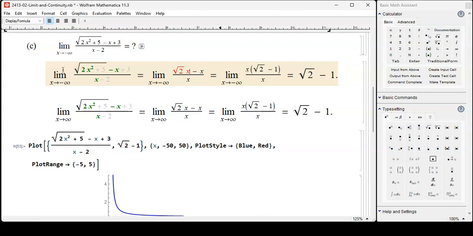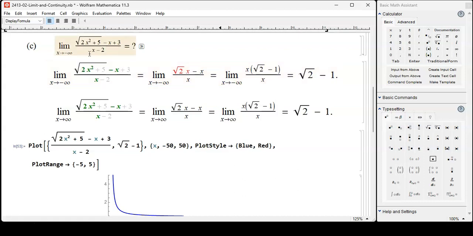Why is that wrong? Square root of 2x squared, this square root is positive because it's the positive square root. This expression here highlighted in red is negative because it is square root of 2 times negative infinity. So this whole thing is negative. This thing is positive.